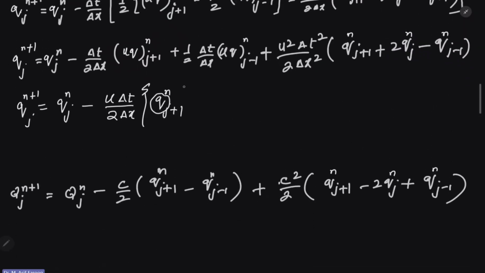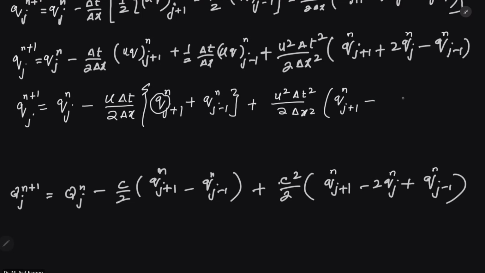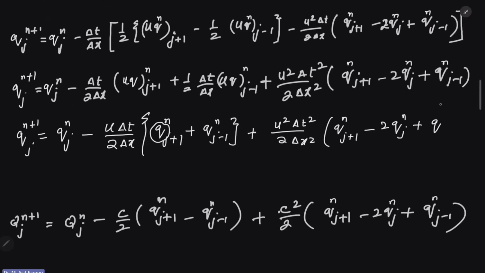So when we take a common, we get plus q n j minus 1 plus, then we have u square delta t square by 2 delta x square q n j plus 1. It should be minus, and this should be plus, minus 2q n j plus q n j minus 1, and there should be a plus as well.